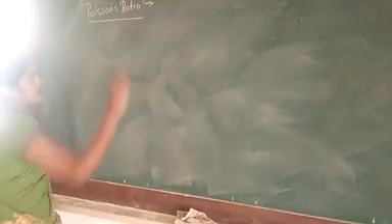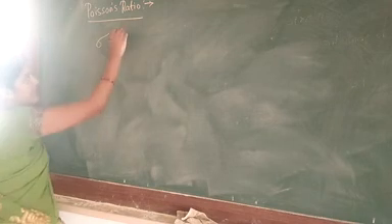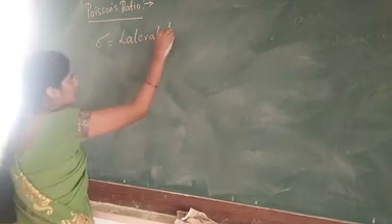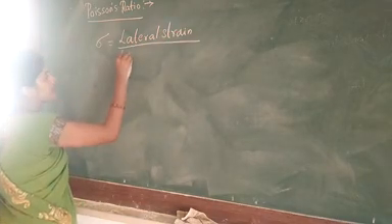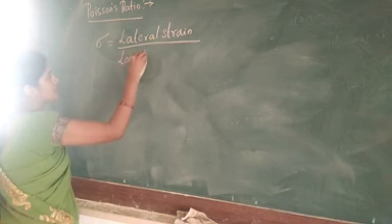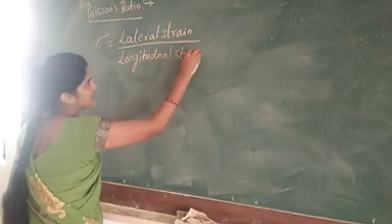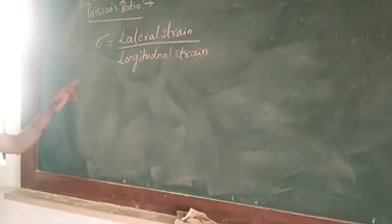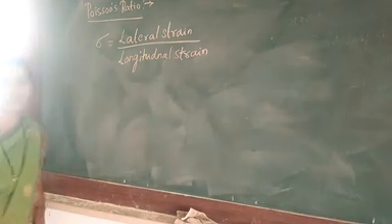Now one more we are studying here is the Poisson ratio. This is denoted as sigma. Sigma is equal to lateral strain by the longitudinal strain. Here we are not considering the stress, only the strain on both sides. So the Poisson ratio is the ratio of the lateral strain by the longitudinal strain.